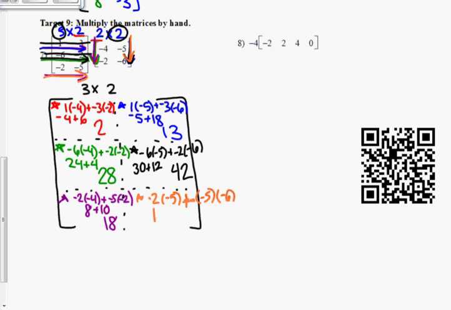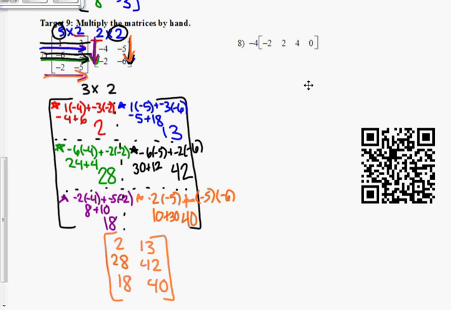Negative 2 times negative 5 is 10. Negative 5 times negative 6 is 30. 10 plus 30 is 40. So my final answer is going to be 2, 13, 28, 42, 18, and 40.